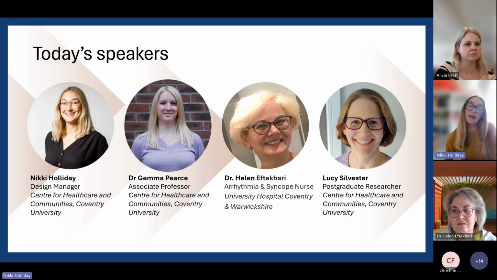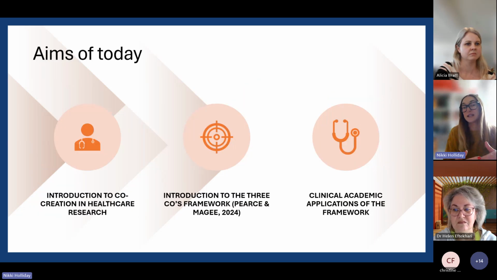And then we have Dr. Helen Efkatari and Lucy Sylvester, who have used the 3 Co's framework in a clinical academic setting. So they will be sharing their experiences of using co-creation in research and practice. And hopefully once myself and Gemma have explained what co-creation is and a little bit of what it's about, they will share their examples, which will give you a bit of inspiration regarding how co-creation can be used in the real world.